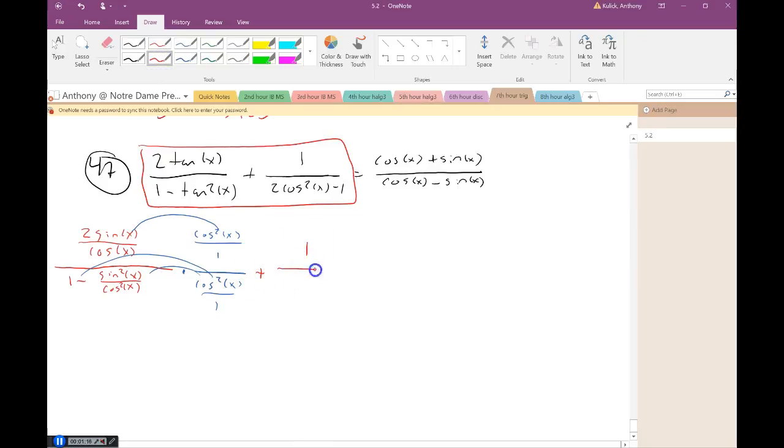In the second fraction, though, I'm going to do something extraordinarily sneaky. I'm going to rewrite 2 cosine squared as cosine squared plus cosine squared.